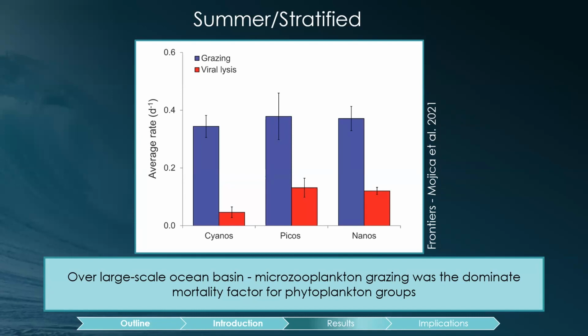This time, we didn't measure microturbulence, so we had to relate it to buoyancy frequency. But kind of the same indication, right? That these viruses are being negatively impacted by turbulence. And this corresponds again well with what we saw in summer. We saw that switch to grazing dominated in that northern region.